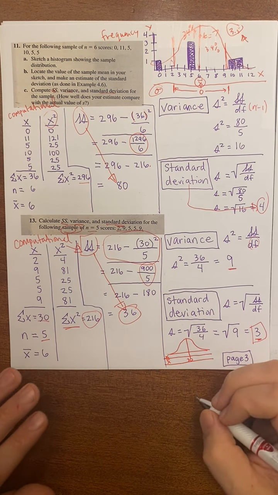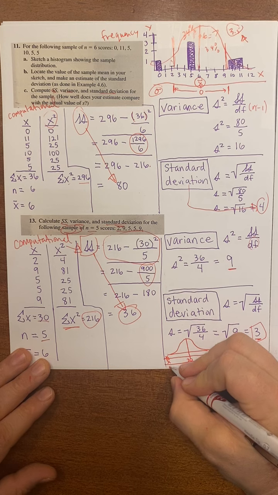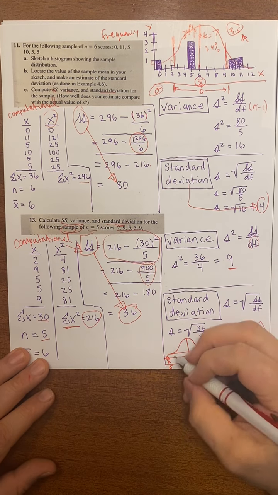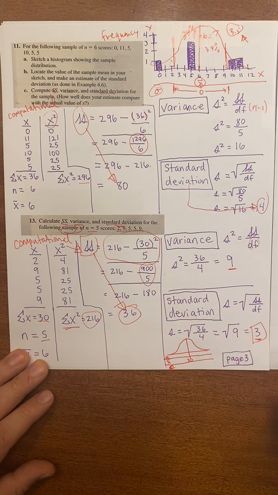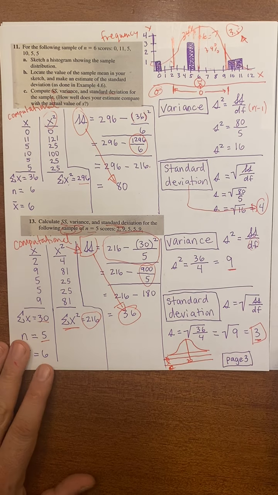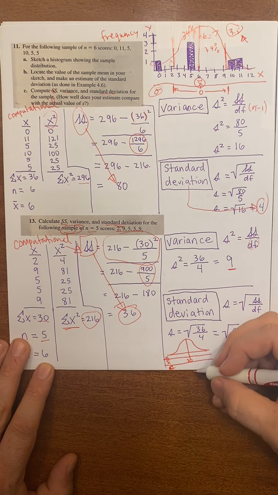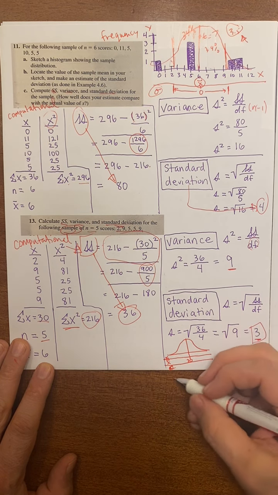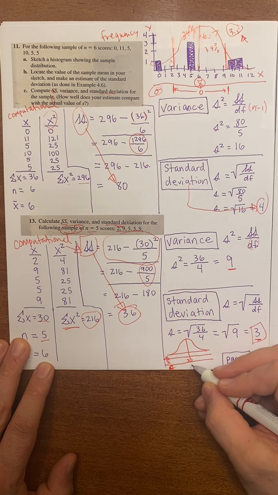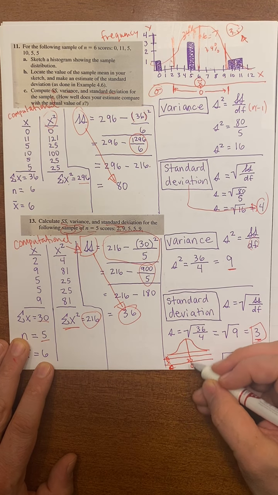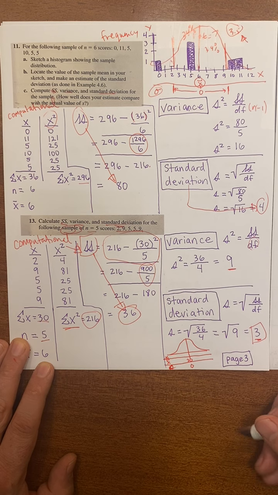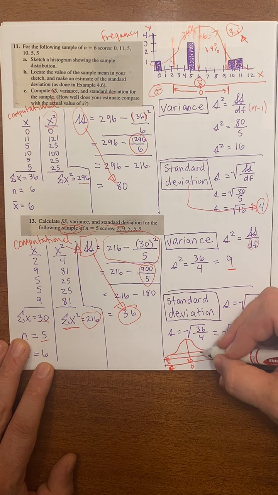But the other thing that I want you to remember is that we're also tracking this standard deviation. Well, in this case, it's a lowercase s. So remember that you're always going to have your standard deviation being 0 right under the mean. And then you're going to go out and you're going to have these standard deviation units.